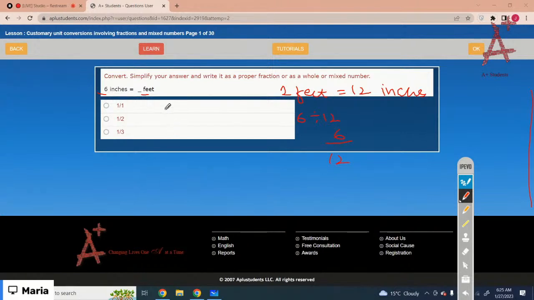We cannot divide 6 by 12 as 6 is smaller than 12. So just look for a common factor. The common factor is 6. Just divide them by 6. It would be 6 times 1 is 6 and 6 times 2 is 12. That means 6 inches is half of a foot.